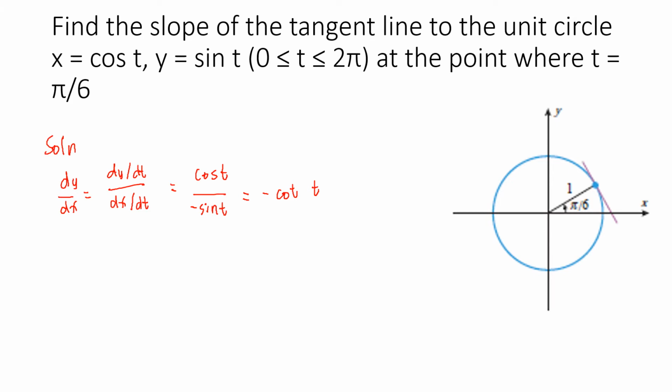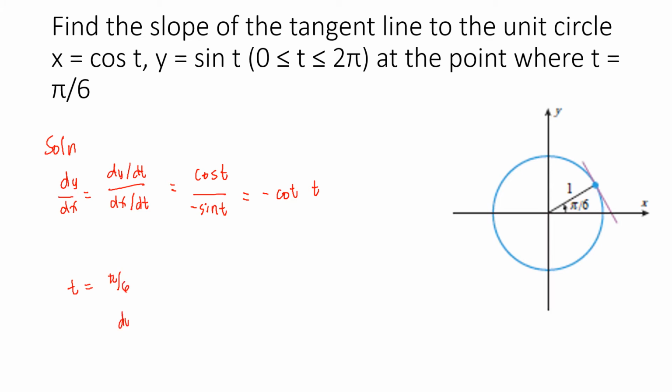Thus, the slope at t equals pi over 6 is found as follows.